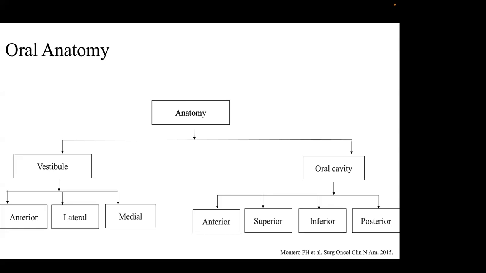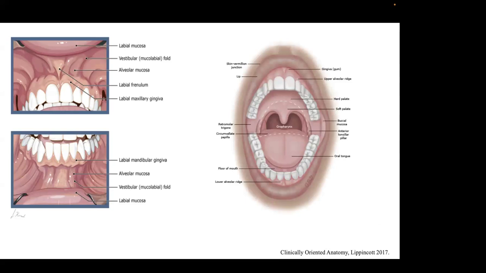The floor of the mouth and the anterior two-thirds of the tongue are present inferiorly, and the posterior boundary of the oral cavity is defined by the palatoglossal arch. Here, the first image is showing the parts of the vestibule wherein the margins can be delineated, and the second picture is showing the anatomy of the oral cavity.